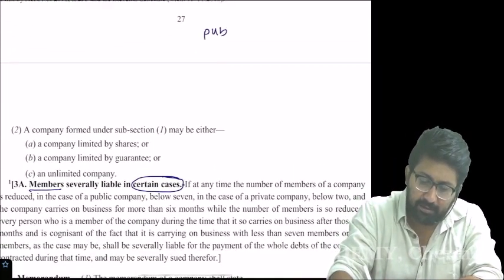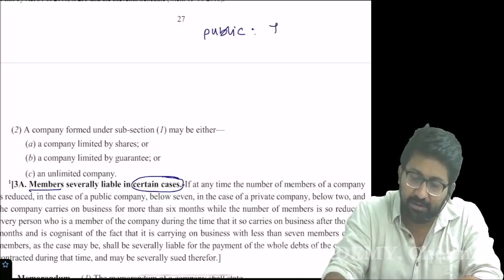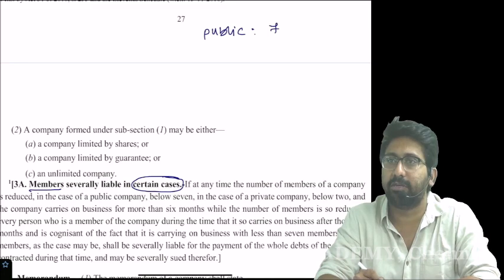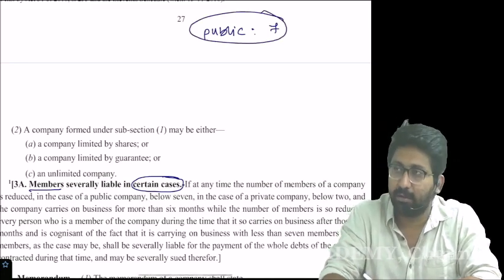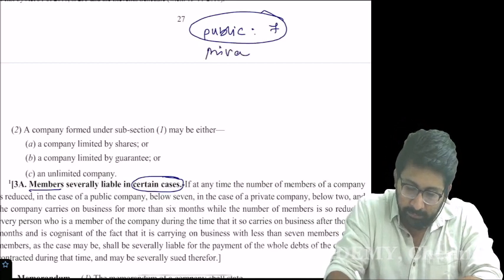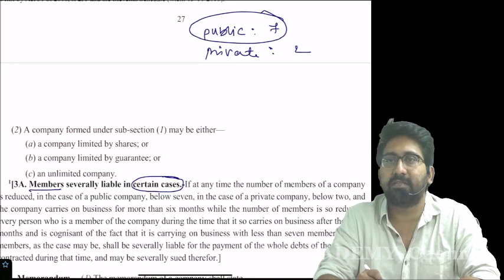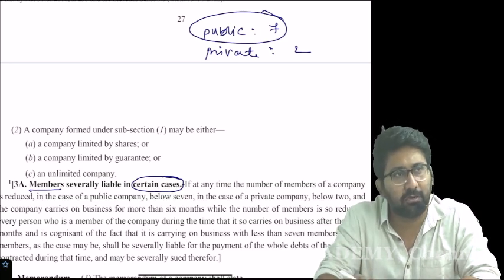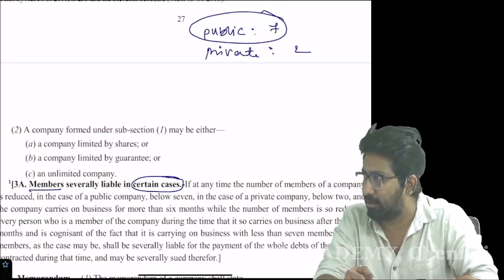Public company made it mandatory that 7 members must be there to continue its business. In case of private, 2. If 2 are there, you can continue the business. If 2 are not there, you can't continue the business. As simple as that.